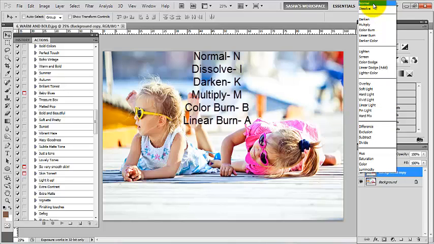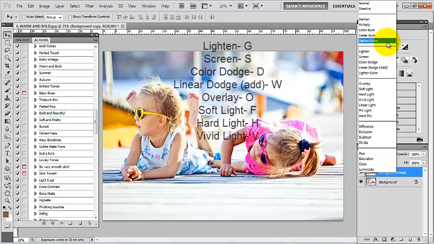Normal is N, dissolve is I, darken is K, multiply is M, color burn is B, linear burn is A. Darker color does not have one. Lighten is G, screen is S, color dodge is D, linear dodge is W, lighten color does not have one.